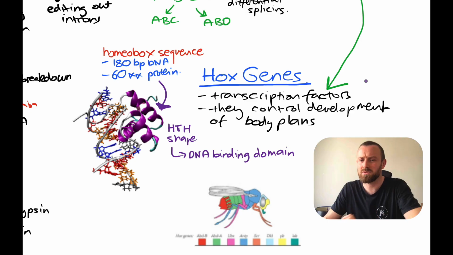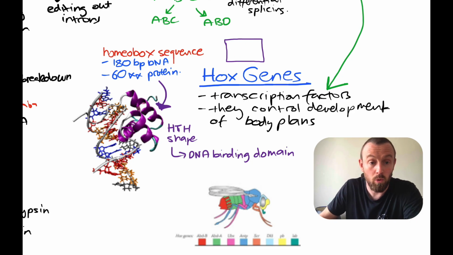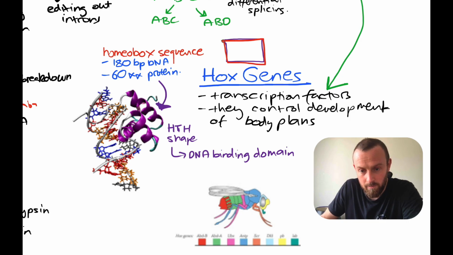Does that make sense? It's almost like a little maths, Venn diagram sort of thing, like sets. You don't have to draw this if you don't want to. This little rectangle here represents all the homeobox sequence genes, and there's like a subset within it that is the Hox genes. Let's do that in blue.